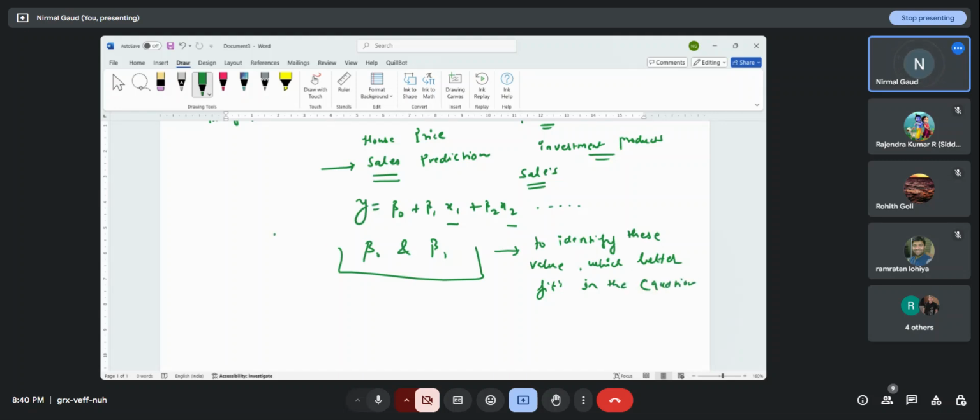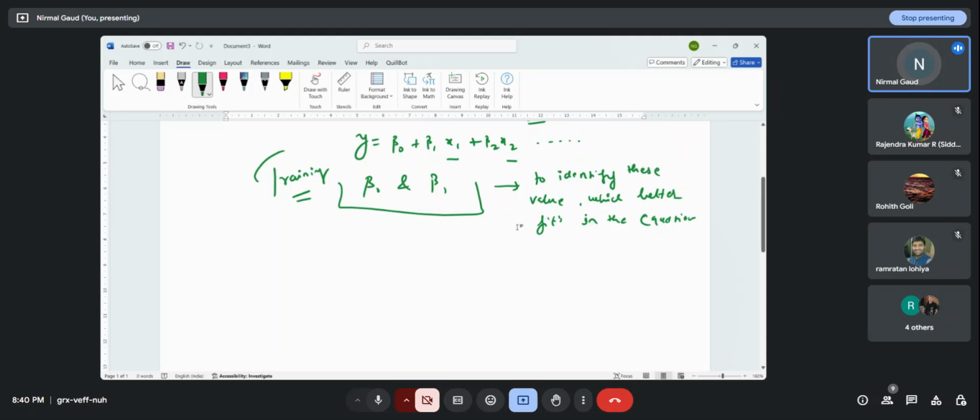So I'm looking forward to identify beta naught and beta 1. Once you get these values, you put them into your equation, beta naught plus beta 1x. This is your prediction. Y dash is what you can predict, by giving a feature value.